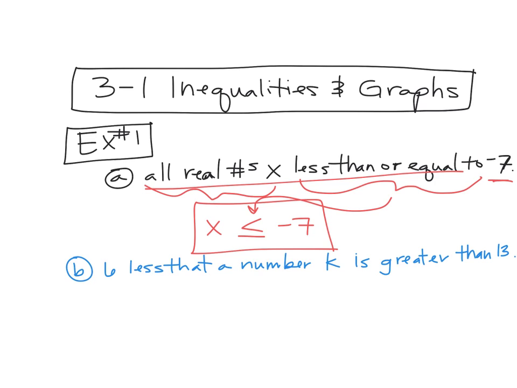If you think back to chapter 1, when we said 6 less than a number k, do you remember how we wrote that? Remember we did the whole less than, more than thing? What happened when we did less than and more than?